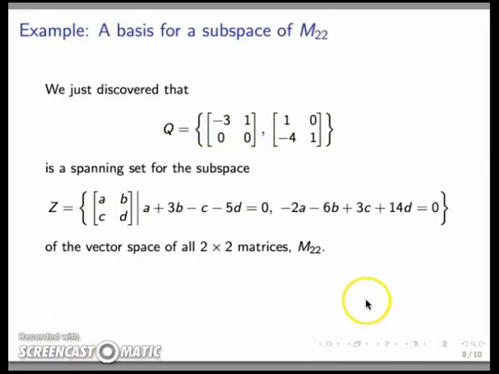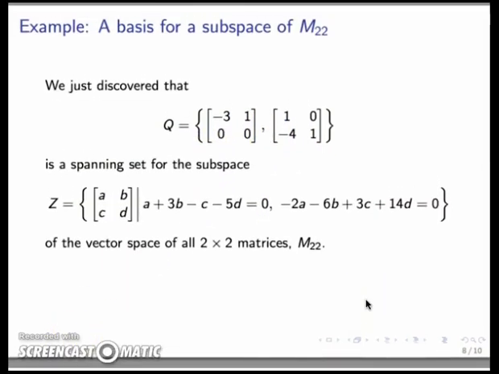So we can say Q is a spanning set, specifically a spanning set for the subspace Z of M22, defined by matrices whose entries satisfy these equations, considered as a homogeneous system of equations. And so Q is a set that has the spanning property.